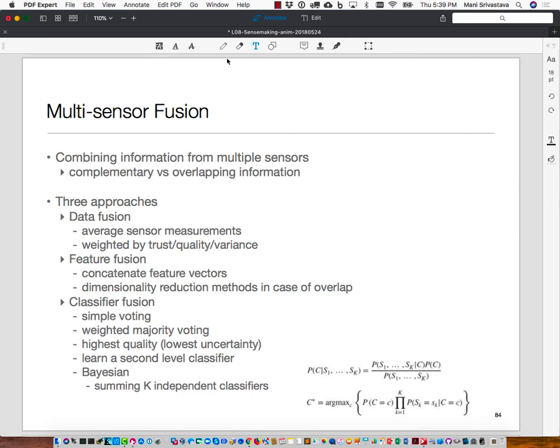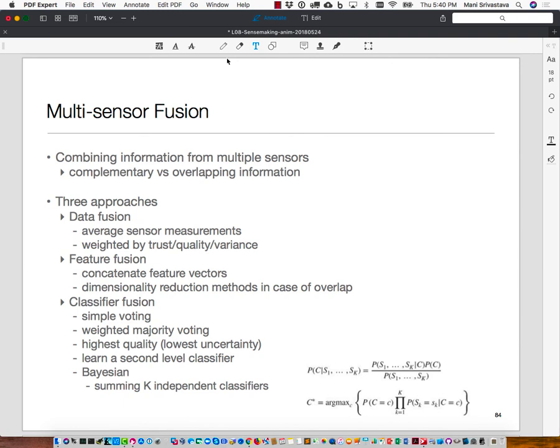I can go after which classifier is known to work best and give it more weight, or have another classifier which combines different decisions. So kind of have a second tier, perhaps a neural network, whose job is to take these votes and tell me the actual result. And then techniques which make use of Bayesian methods. So a whole bunch of approaches.